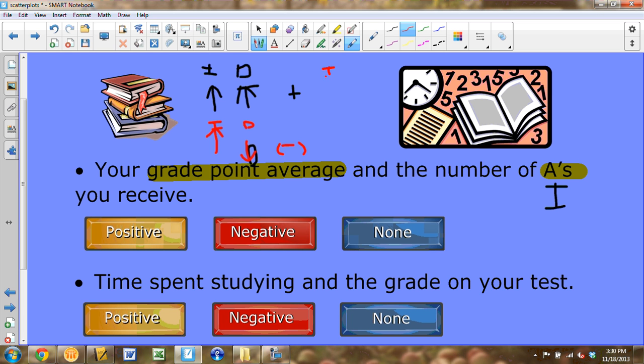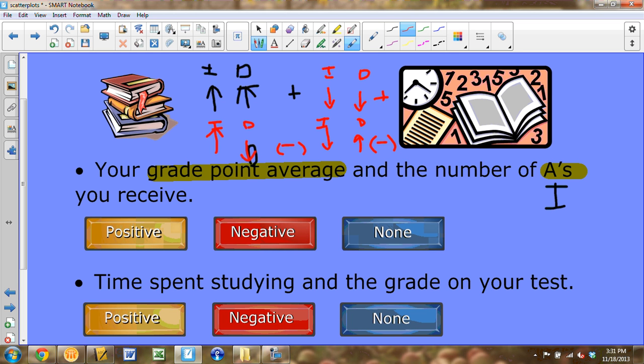If my independent variable goes down and my dependent variable goes down, that is also a positive correlation. It's whether or not they're moving in the same direction that matters. So if they both go up or they both go down, it's positive. But if one goes up and one goes down, then it's negative. So if the independent goes down and the dependent goes up, that's also negative.